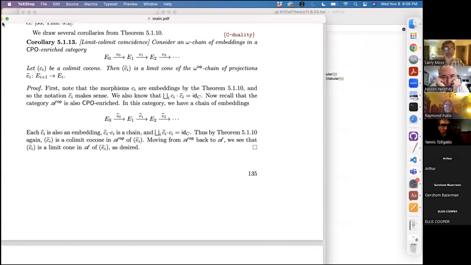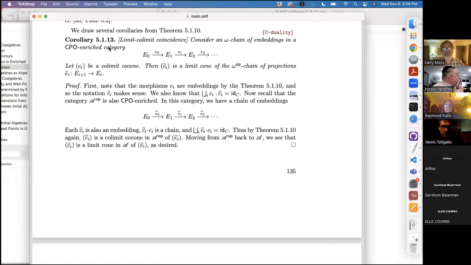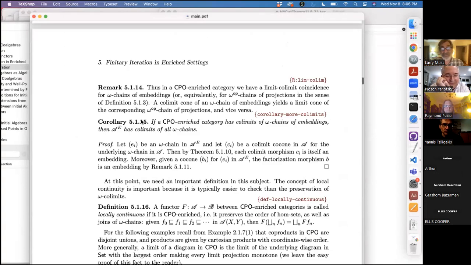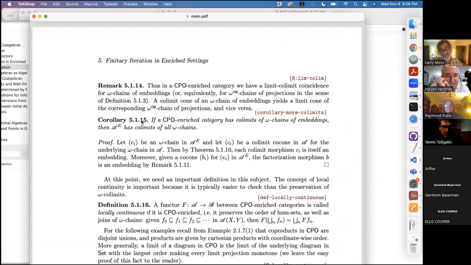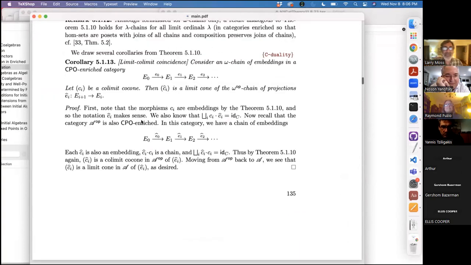Yeah, okay, right. So in fact, I think we have the best treatment of this. We looked at all the treatments of it, and what you mentioned is the limit-colimit coincidence. That means sometimes the initial algebra is a final coalgebra. What you need is to work in a category that's enriched over CPO.